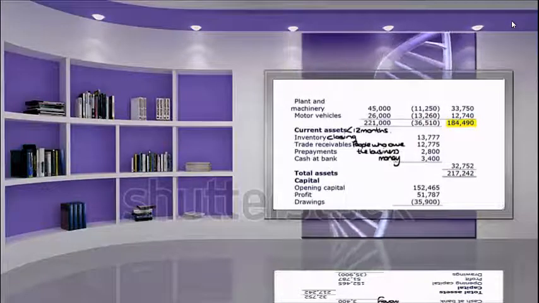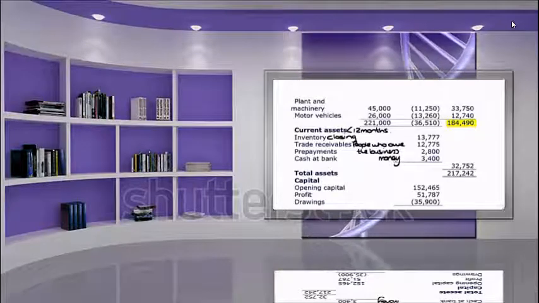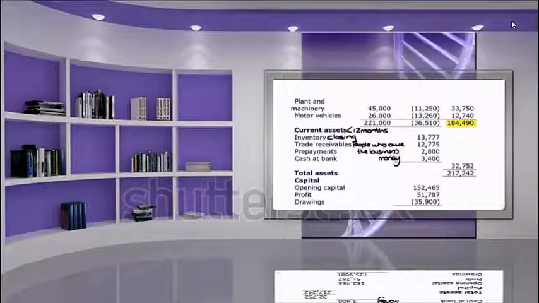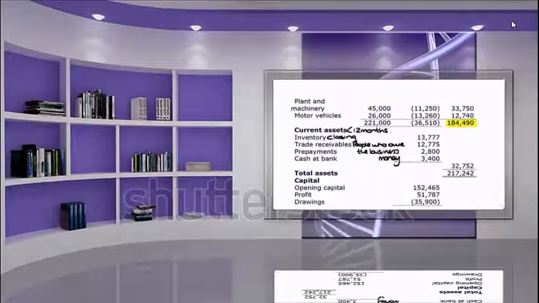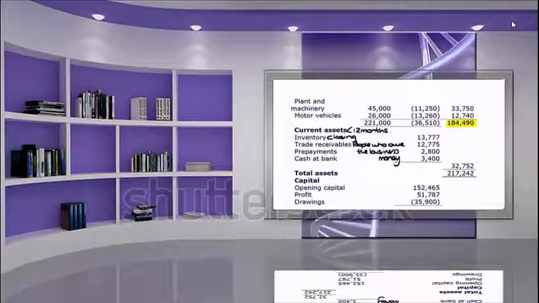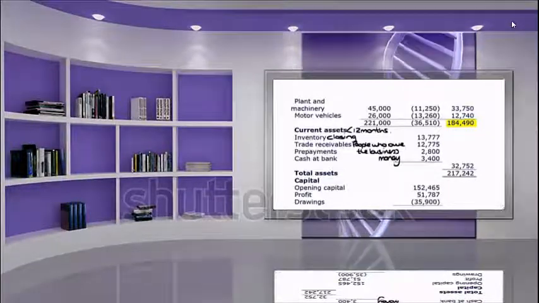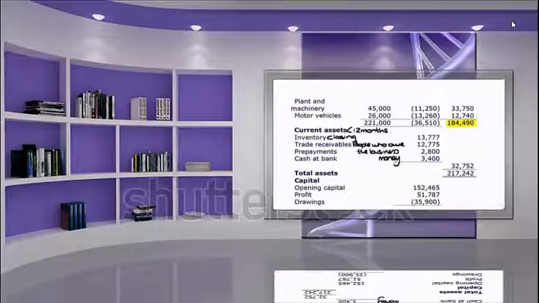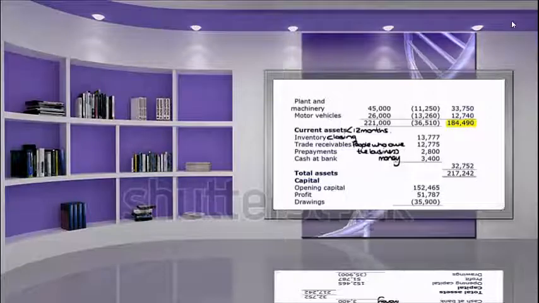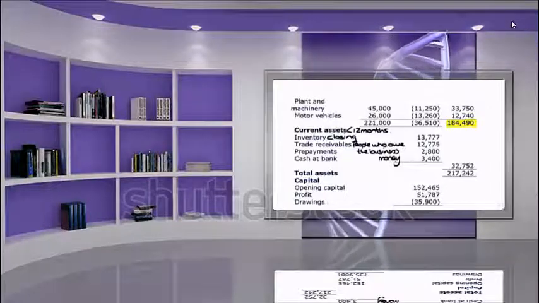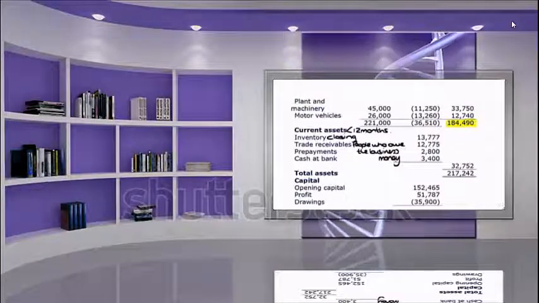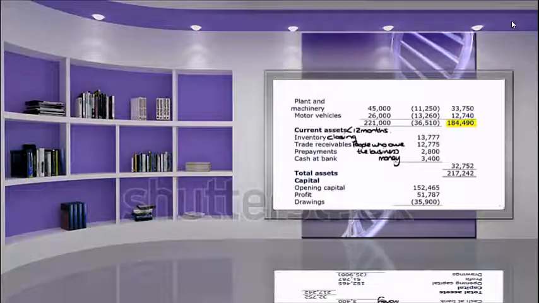And our next item in current assets is prepayments. Now, as the name suggests, a prepayment is if we've paid in advance. So maybe we've paid next year's rental cost now. So we've paid it within this year end. Now that's a good thing to the business, because if we've paid next year's rent in advance, well, that means that we don't have to pay as much cash next year to settle that expense.